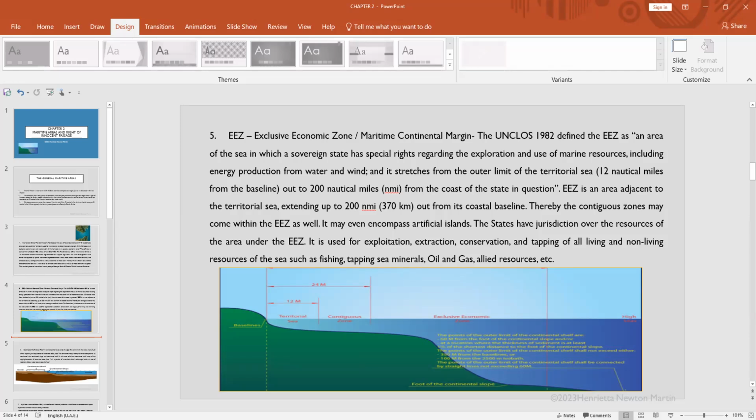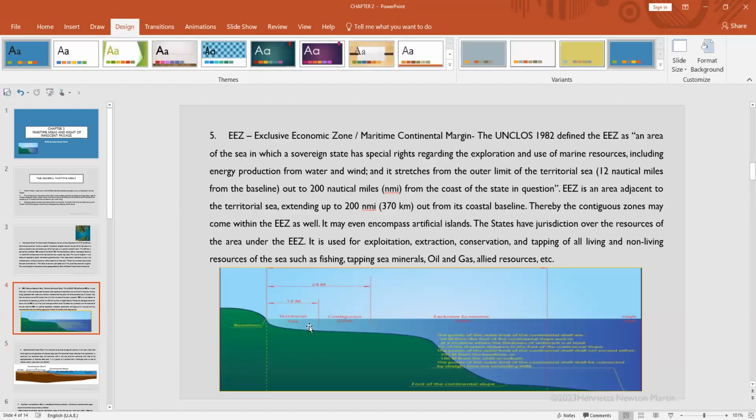It may even encompass artificial islands at times. States have jurisdiction over the resources of the area under the EEZ, and it is used for exploitation, extraction, conservation, and tapping of all sorts of living and non-living resources, fishing, tapping sea minerals, oil and gas, and some other allied resources.